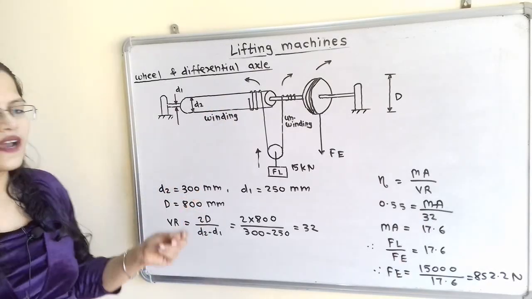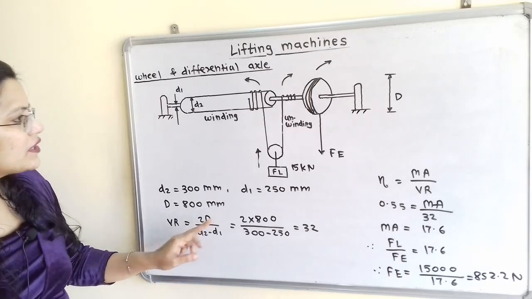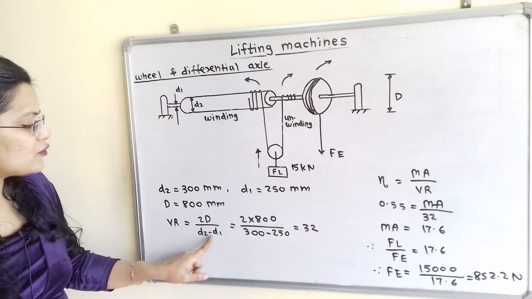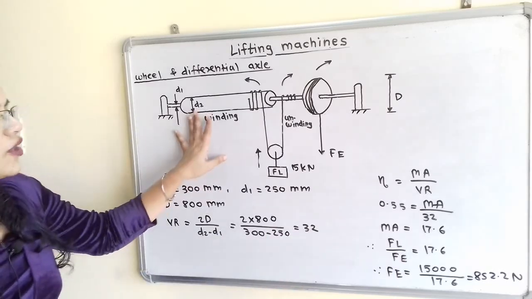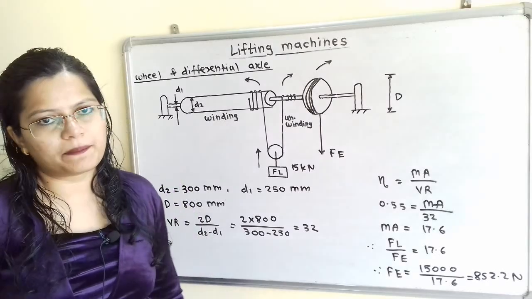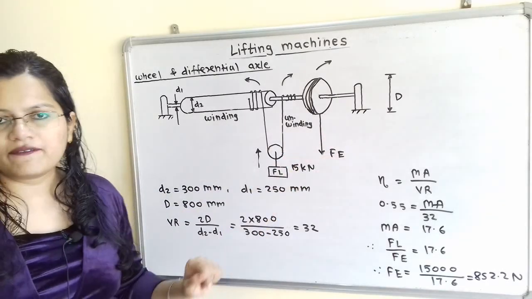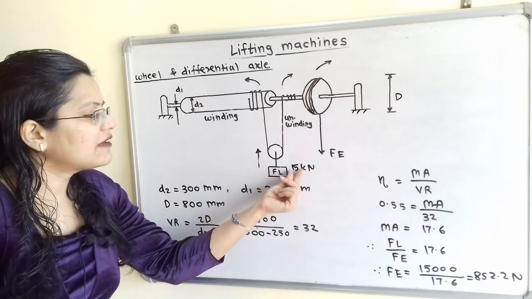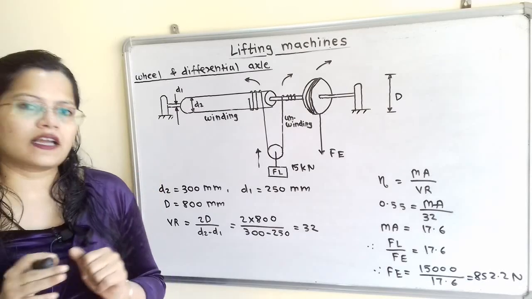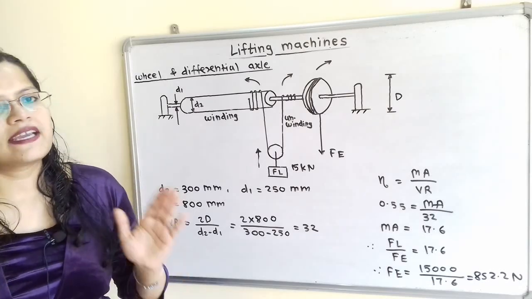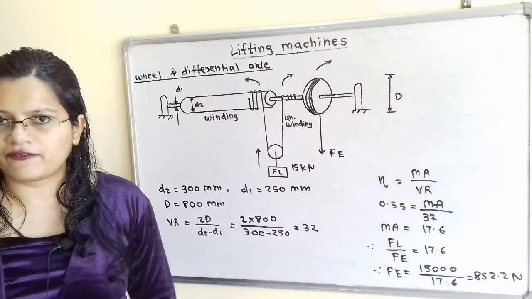Now from this data we will calculate the velocity ratio. It is equal to 2 into capital D divided by D2 minus D1, which is equal to 32. Now the efficiency of the system is given as 55%, and we have to find out the applied effort FE, where the load is given as 15 kN. So we will first calculate the mechanical advantage, because mechanical advantage is the ratio of the load to the effort.